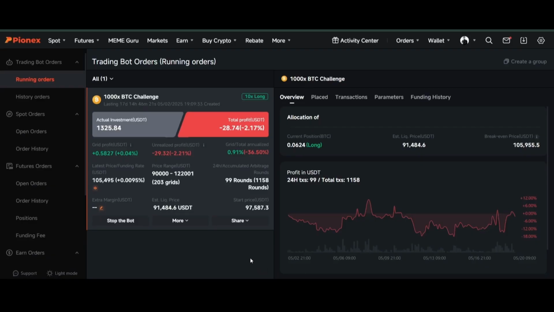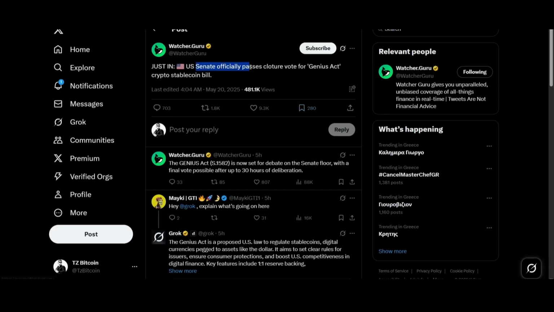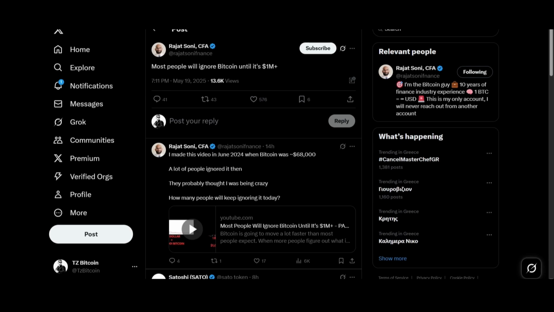Now, let's go and check some news, guys. US Senate officially passes cloture vote for Genius Act crypto stable coin bill. That's very good. And we see that the US adopts crypto, and it's a matter of time that new countries will start doing the same thing.